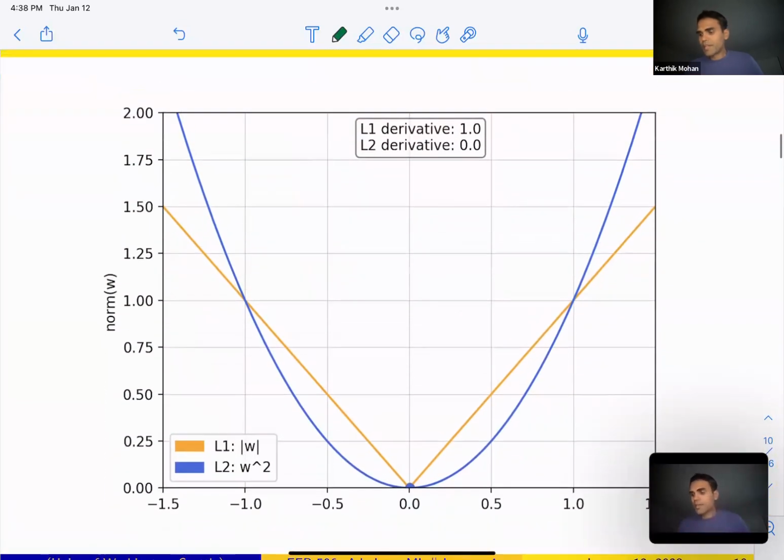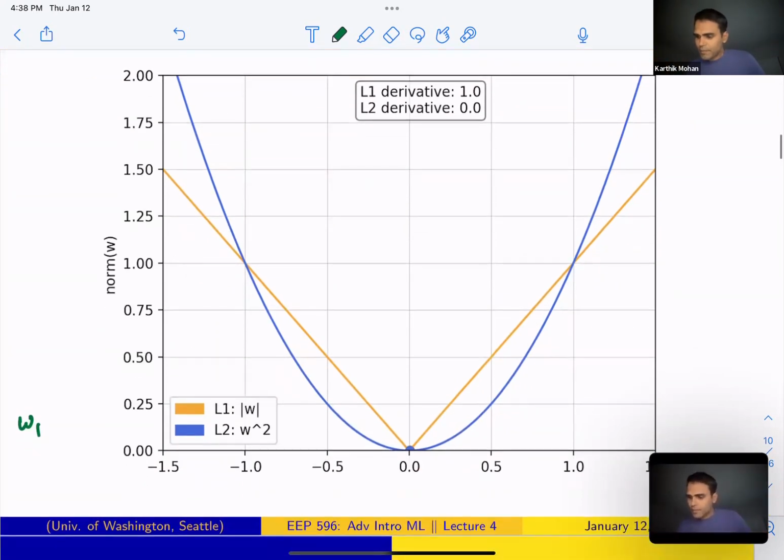So this is another way of understanding it in one dimension. Let's say we're just looking at one dimension. You have W1, that's it, there's nothing else. So this is W1 on this axis. This is W1 square, and this is the absolute value of W1.